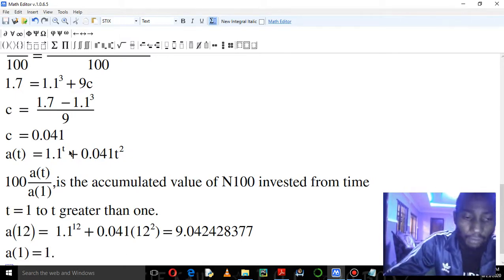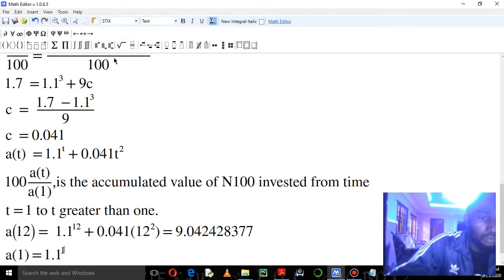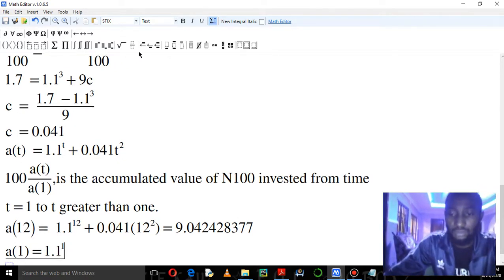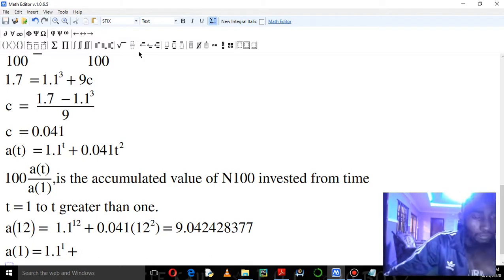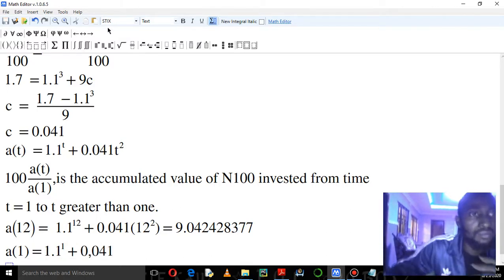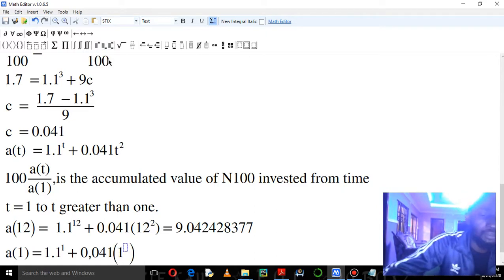So 1.1, and anytime you see t, we put 1, plus 0.041 times 1 squared, 1 raised to power 2.